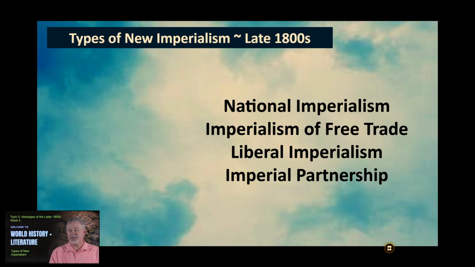It's national imperialism and then imperialism for free trade. Those two we're going to talk about in part 1. And then in part 2, we're going to look at liberal imperialism as well as imperial partnerships, because those are really a new twist on this idea of imperialism globally as we move into the 1900s.